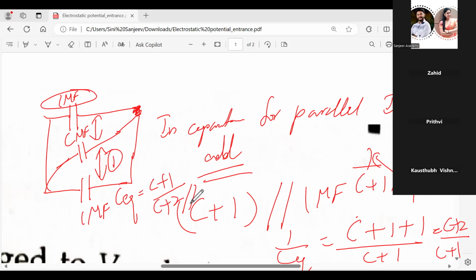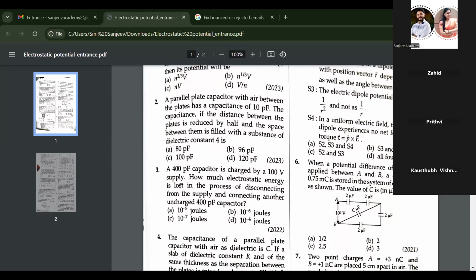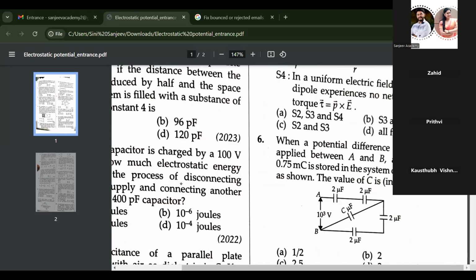Now coming to the question. Let me go to the question. When a potential difference of 10 cube volts is applied between A and B, a charge of 0.75 millicoulomb is stored in the system of capacitors as shown.